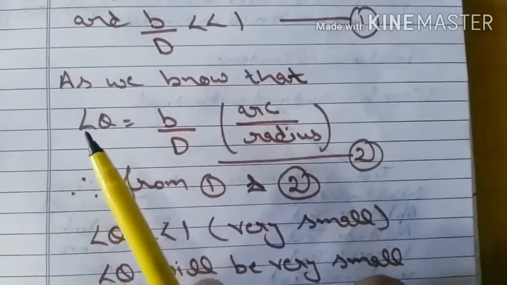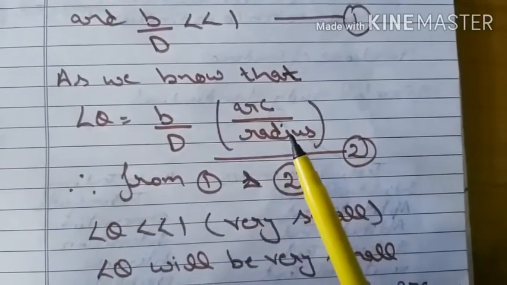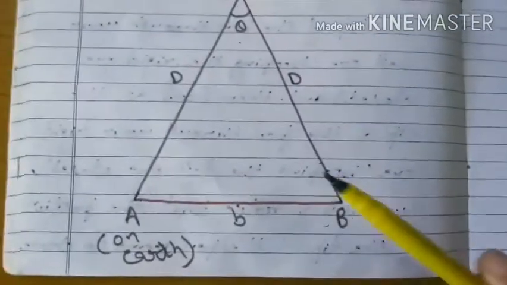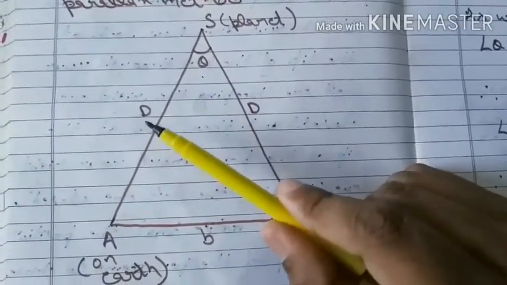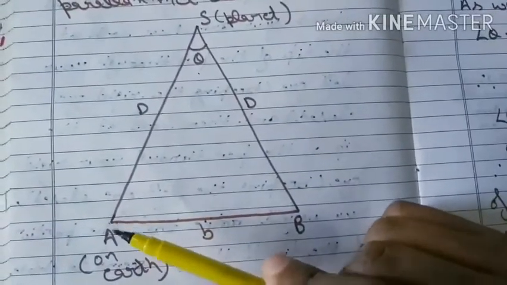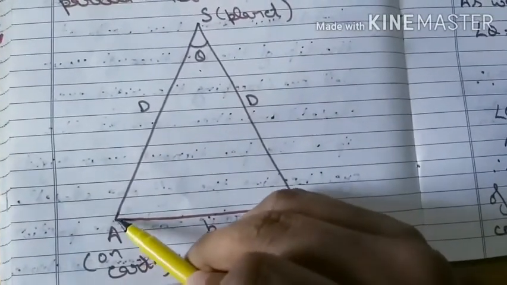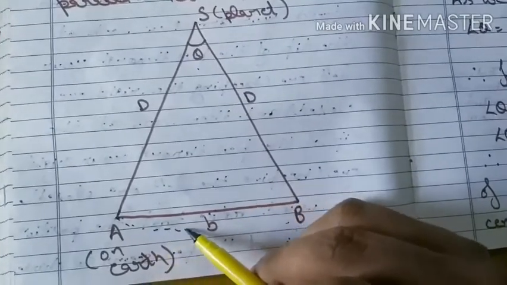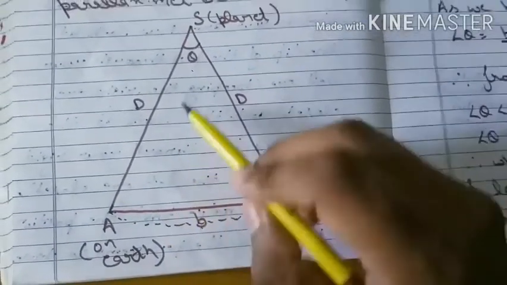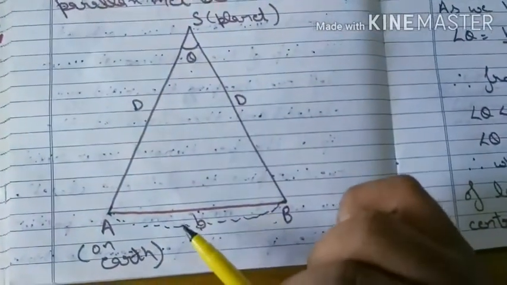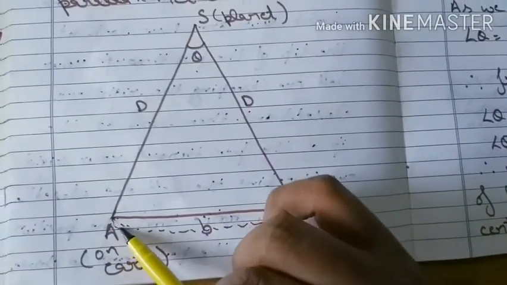As we know that angle theta is equal to arc upon radius, and in that case the radius is d, that is the distance of the planet from the Earth, and we can approximately take the length of the arc equal to b because this distance is very large as compared to this arc.